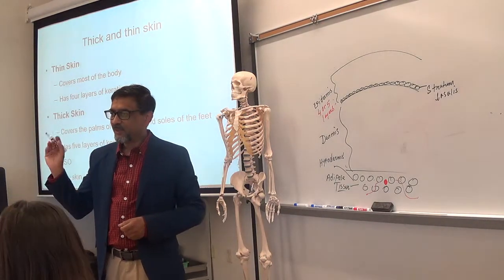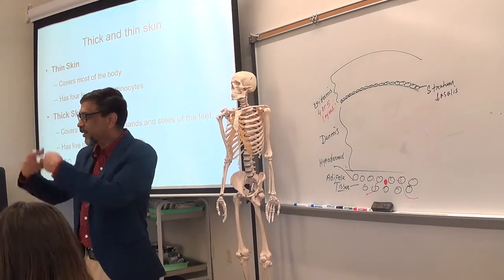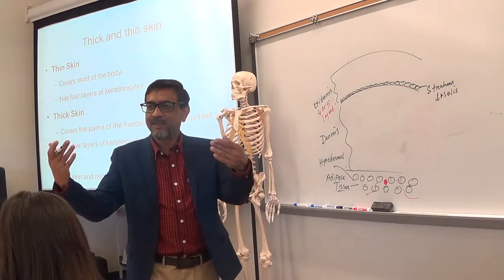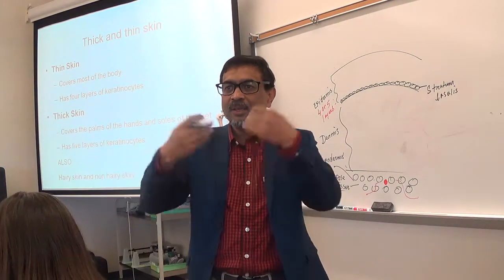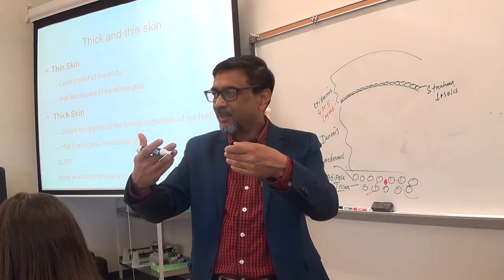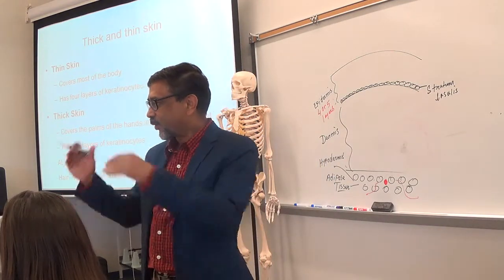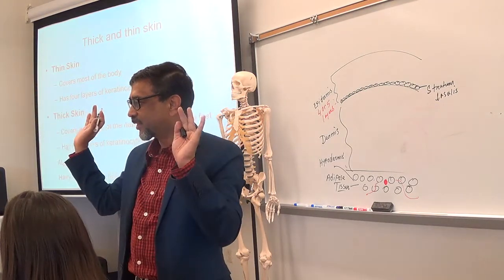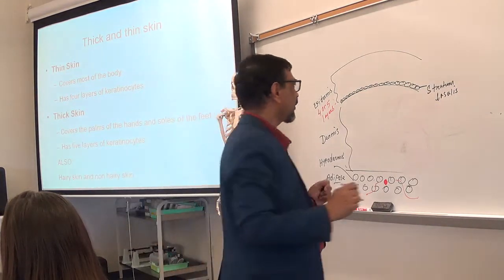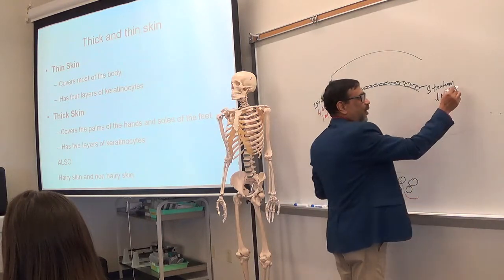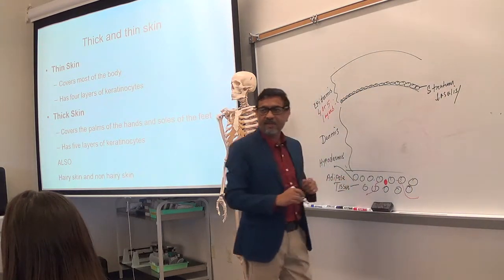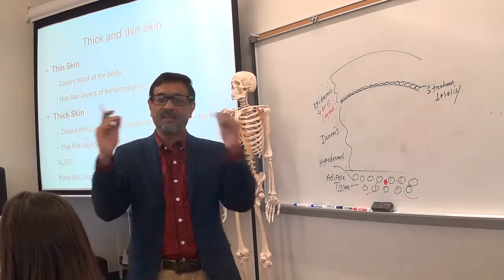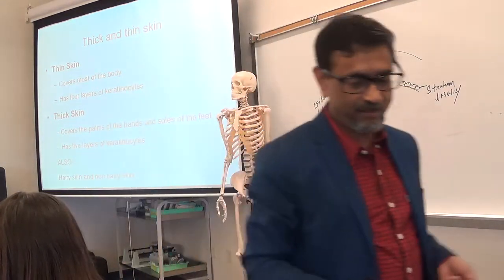Is it clear? So these cells can do what? Quickly multiply to produce new cells. Have you heard of stem cells? Stem cells multiply to produce new cells, right? So from this layer, new skin cells are produced. Is it clear? Okay. That's why this layer is also called stratum germinativa. Germ layer, germinal cell layer. That means stem cell layer.